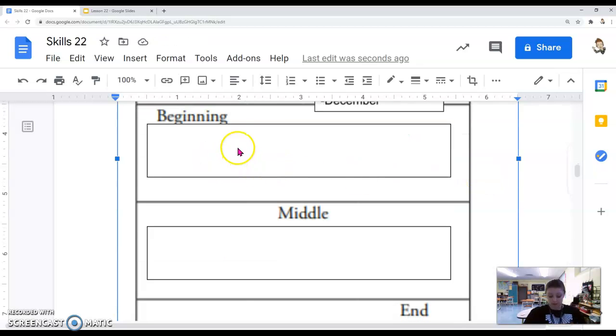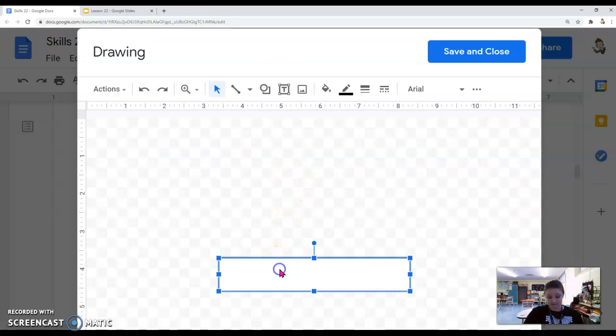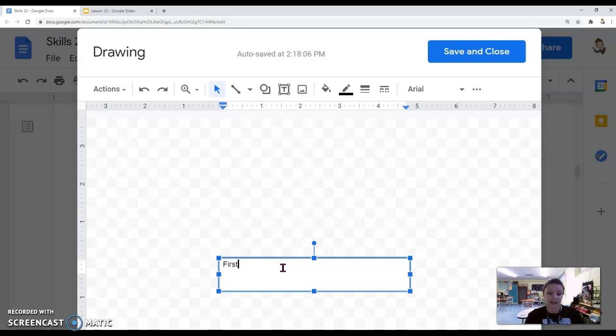When we talk about our plot, we think about what happened in the beginning of our narrative story, what happened in the middle, and what happened at the end. Now, if I'm writing a story about a field trip to Wonderworks, I'm not going to start out by saying how my day ended. I'm going to start out by saying how it began. So I would say something like, first, we got on our coach and boarded the school bus.